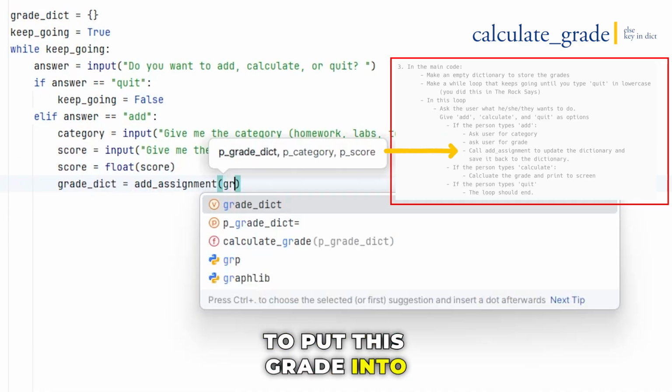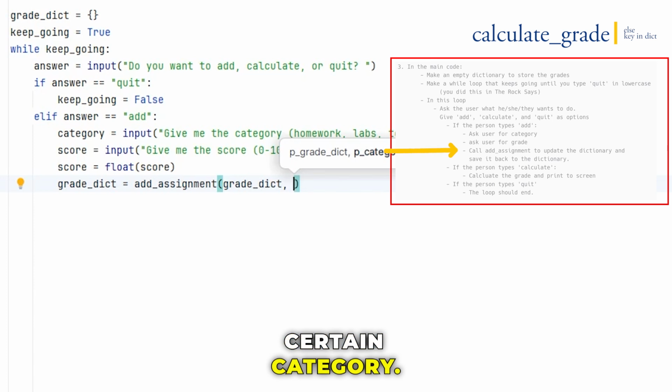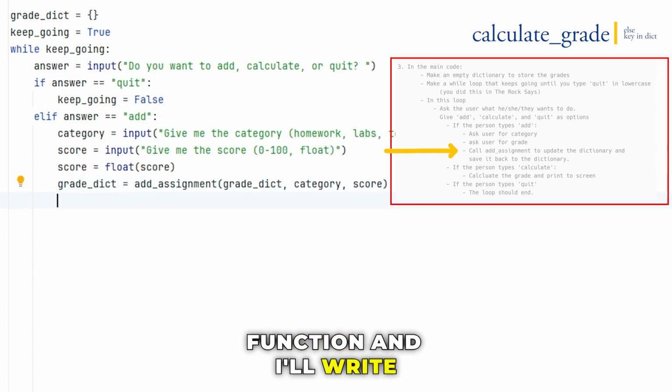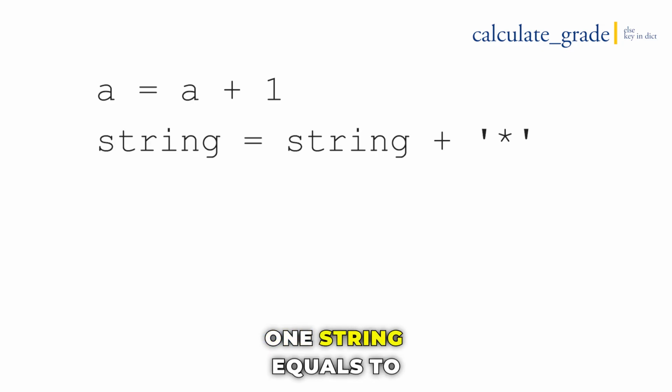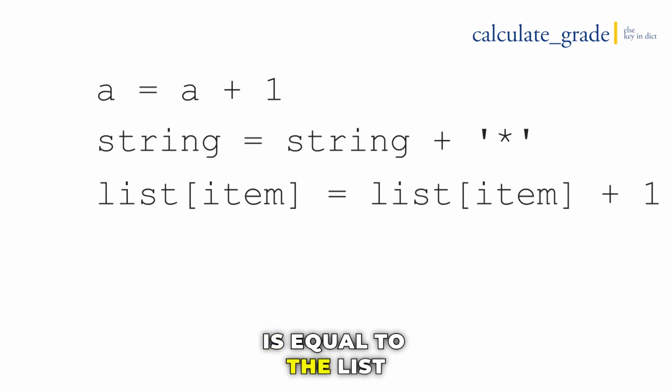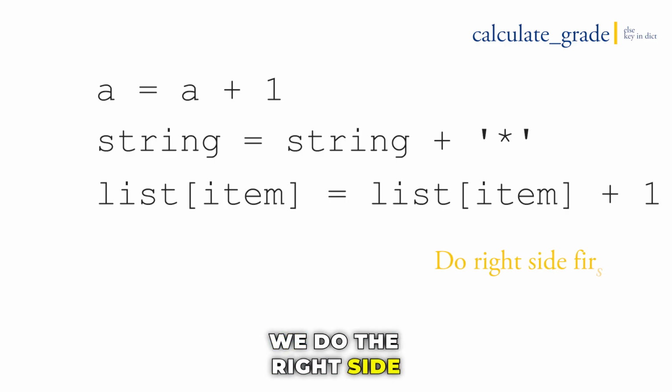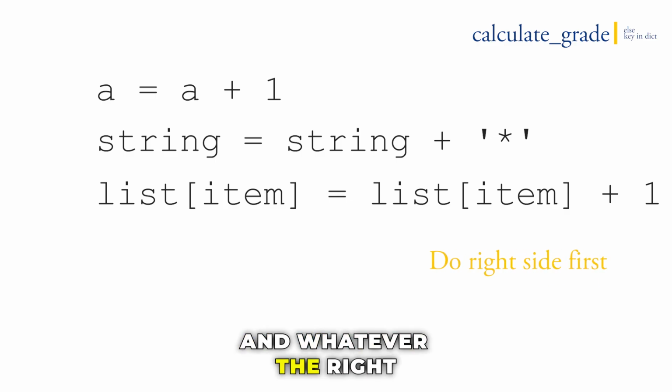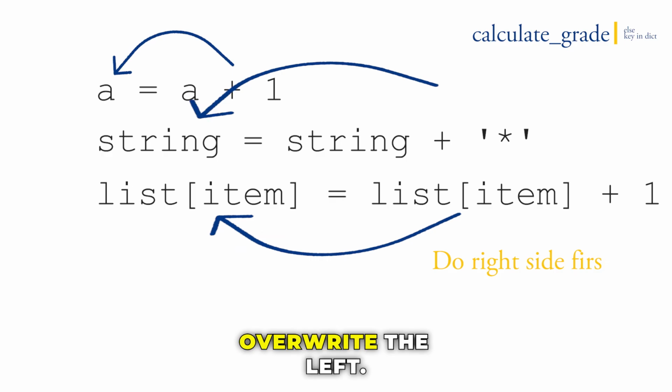To put this grade into the dictionary with a certain category, we're going to call this function. And I'll write it out now, but how it works, remember we have something like a equals a plus 1, string equals string plus another string, list bracket item number equals the list bracket item number plus something else. In all of these, we do the right side of the equation first, and whatever the right side ends up being, we overwrite the left.